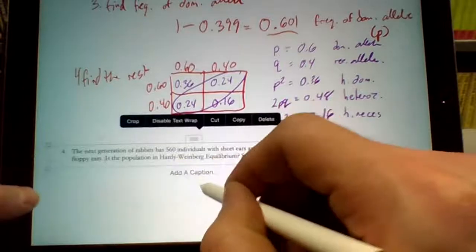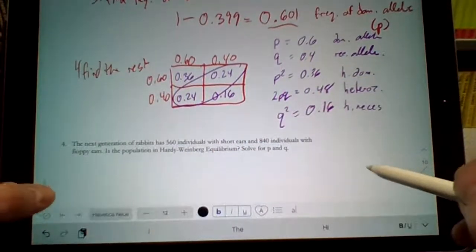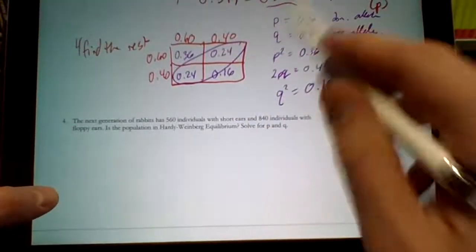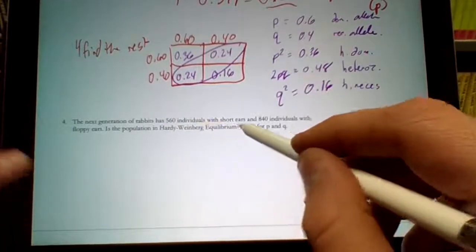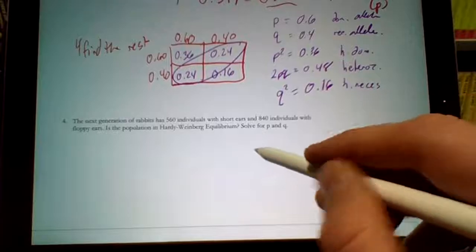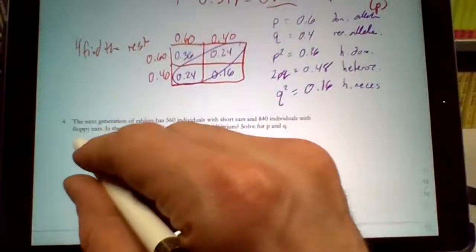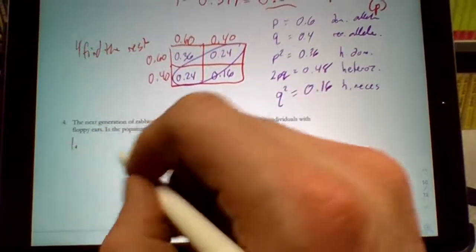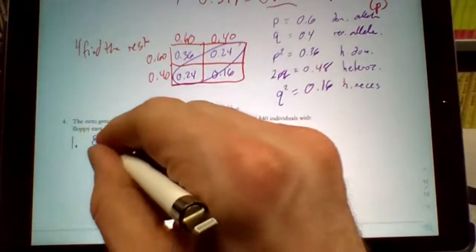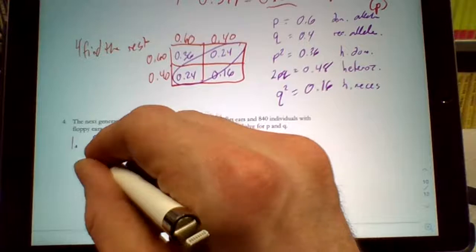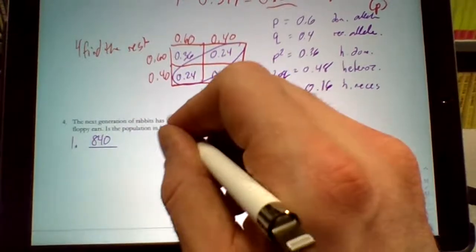All right, that's it for that question. That's all we need is this end result. Next generation has 560 individuals with short ears and 840 with floppy ears. What's the population? Step one, same as before. I'm taking my floppy ears, 840, divided by my full population.